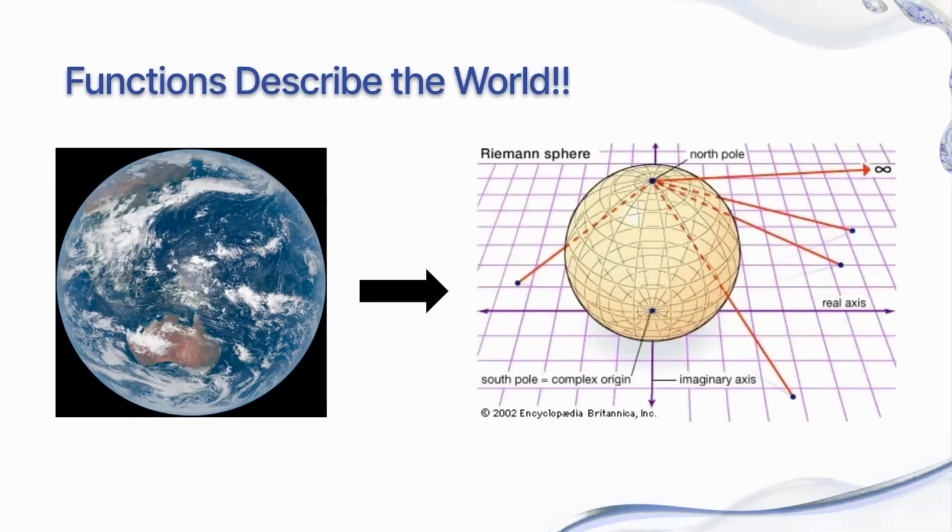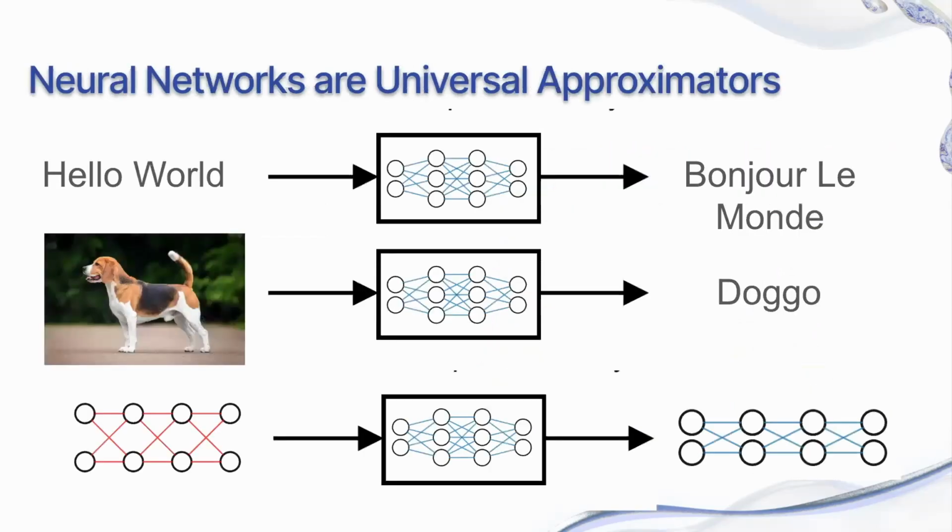Okay, if we're able to describe and formalize everyday objects in terms of some function, our neural networks can approximate that function really, really well. That's why neural networks are able to convert English to Spanish, or I guess French in this case.